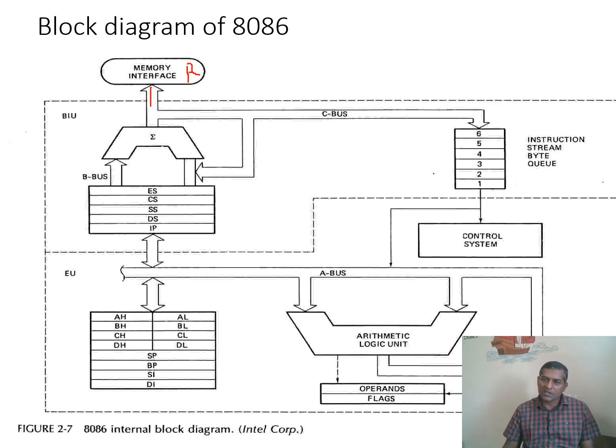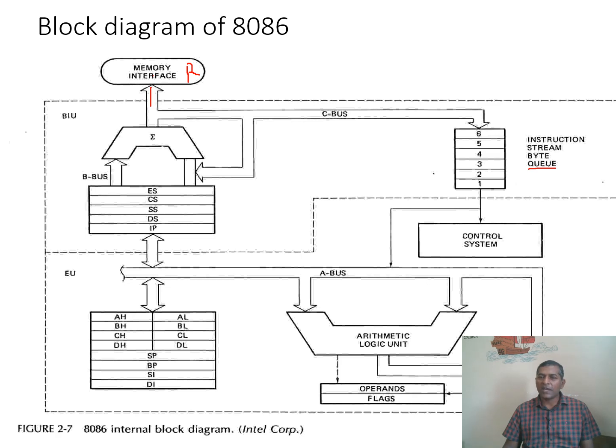Instruction by instruction, it will collect one after another and store them in this queue. This is a queue data structure, which has an input and an output. Insert and delete operations will be done in this queue.